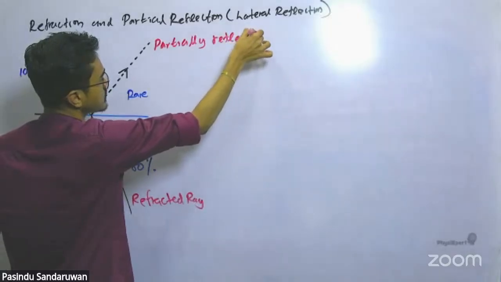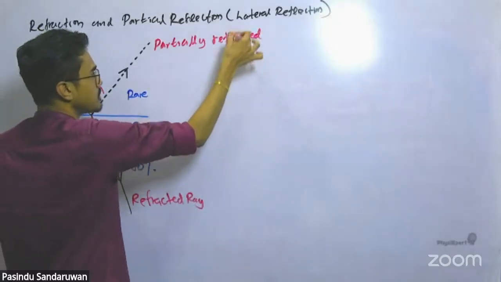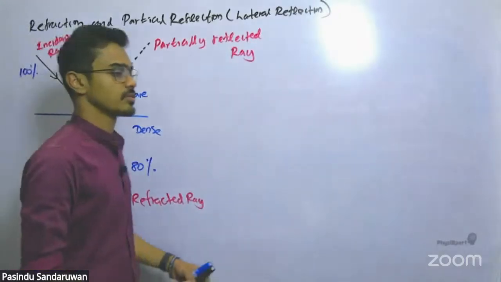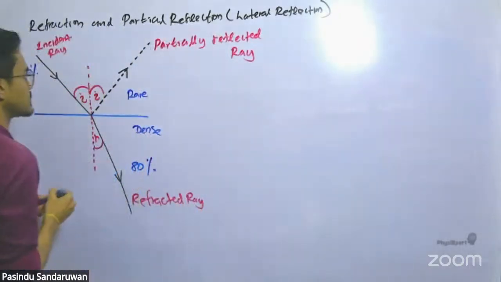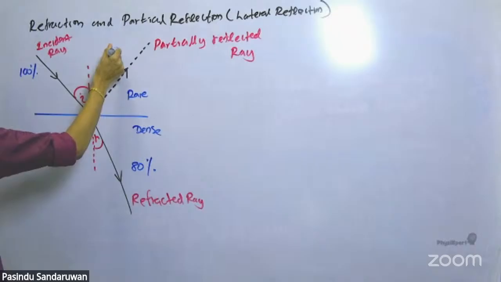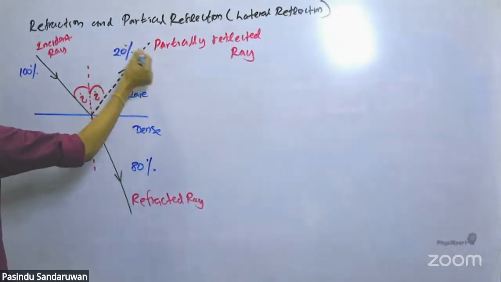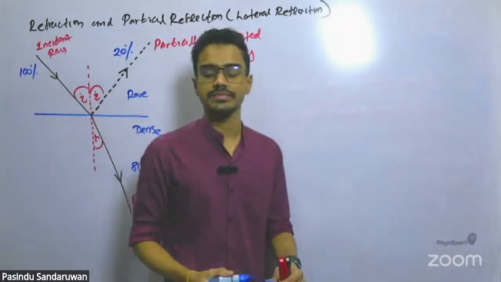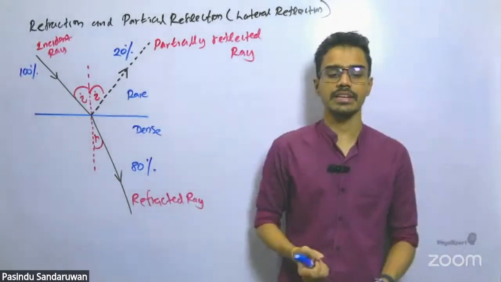The remaining 20% is here. So this is what happens when a refraction occurs.